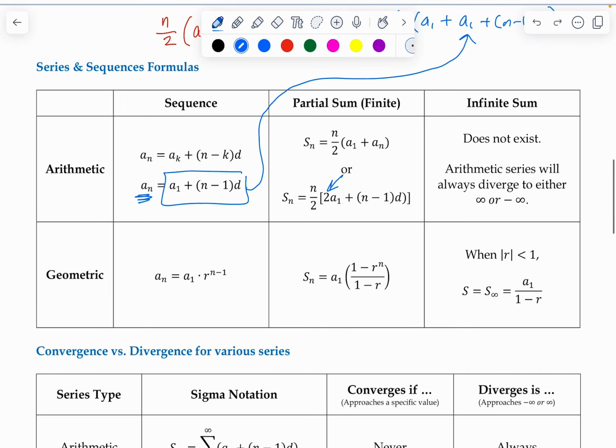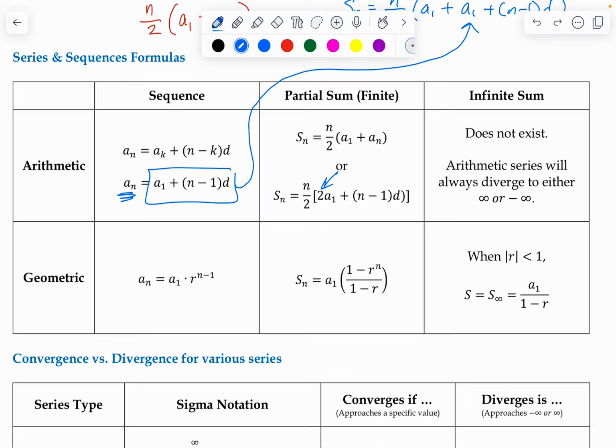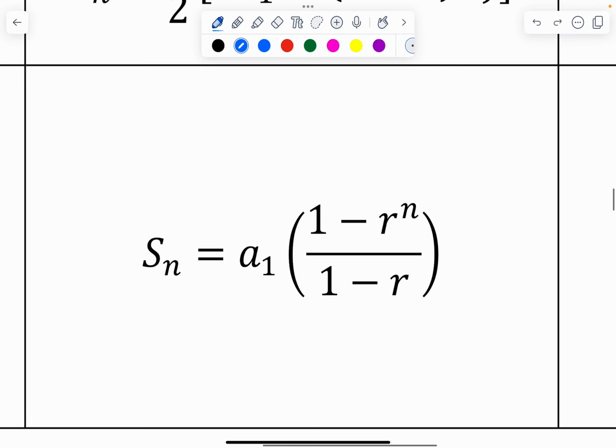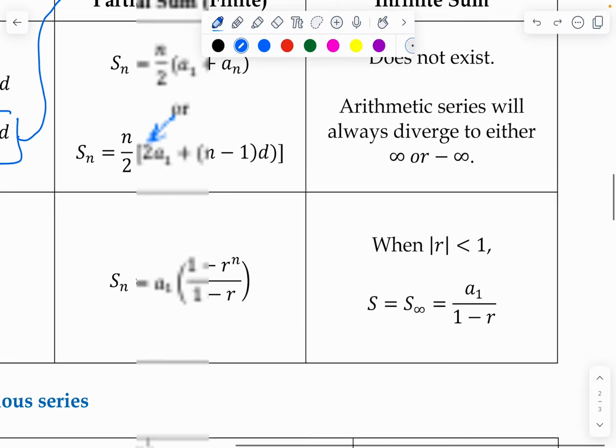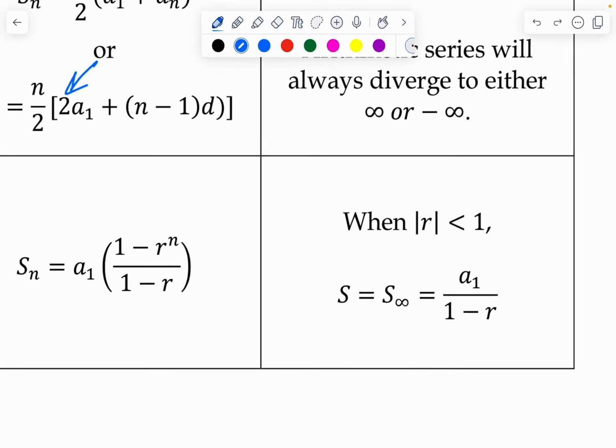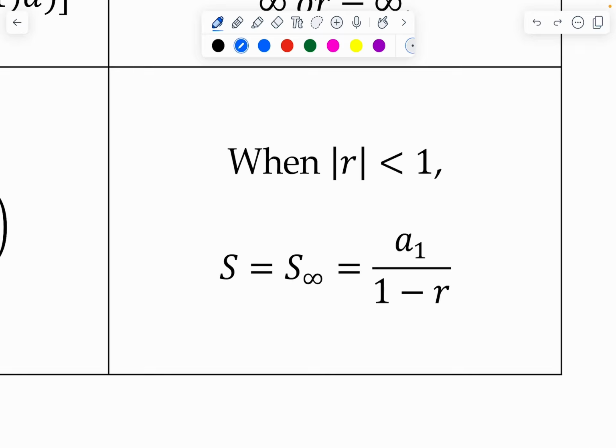Okay. The next one, the geometric partial sum: the sum of n terms of a geometric series is equal to a sub 1 times 1 minus r to the n over 1 minus r. The proof for that is a little trickier, so see me later if you want to see it. Then we can find the infinite sum of a geometric series if the absolute value of r is less than 1.